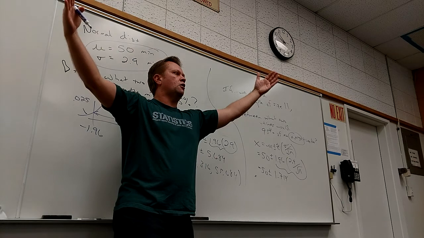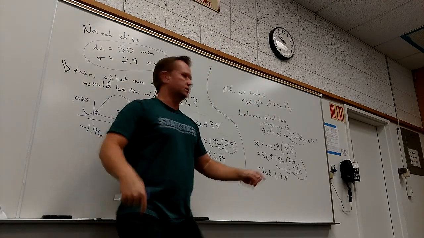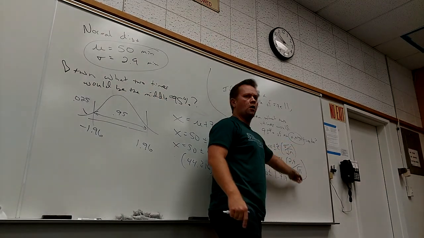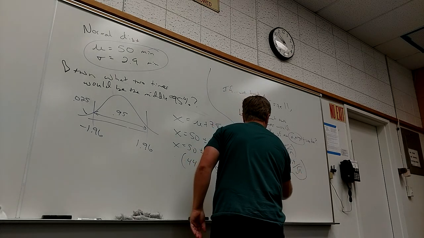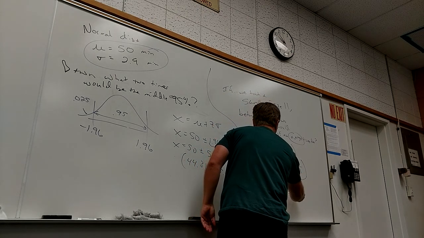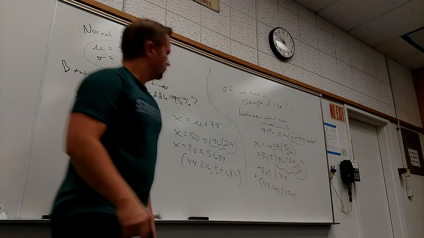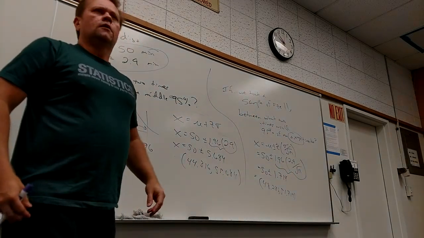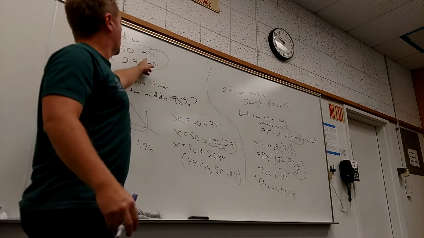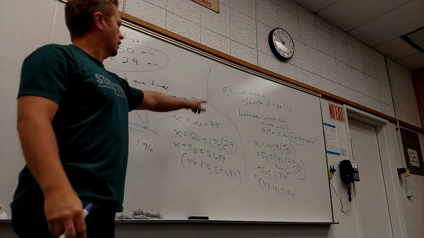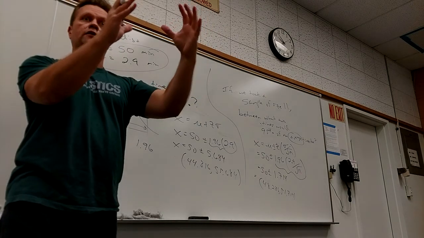Because now groups are all going to get closer to the middle, because the standard deviation, of course, gets smaller. So here you get 48.286 up to 51.714. You guys got that? So between those two times, I would find 95% of all groups of size 11, their mean would go in between there.